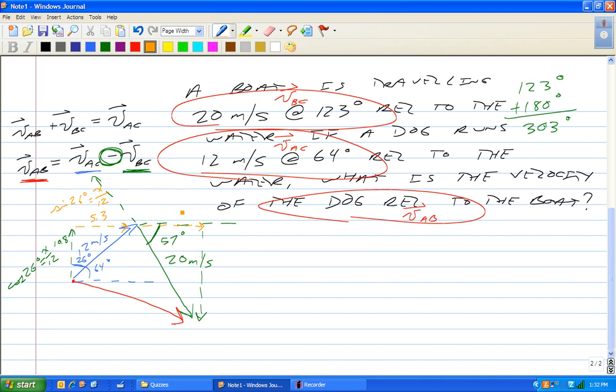Well, that will give me what? This side or that side? South. Okay, so you want to do that one first? Fine. Sine of 57 degrees equals this side over 20. And so this side is equal to 16.8. And then how am I going to do the other side? Cosine of 57 degrees equals this side over 20. Therefore, this side is 10.9.